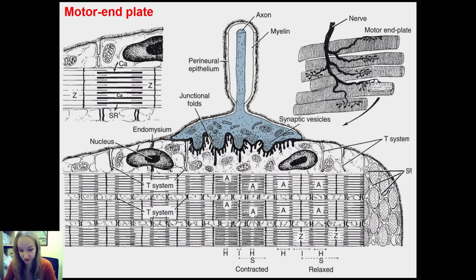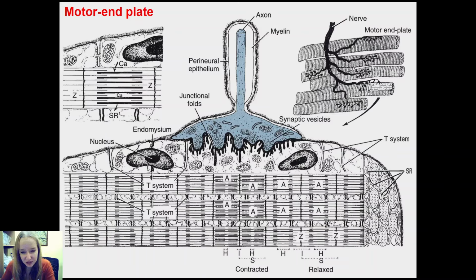Muscle contraction is controlled by nerve activity. When we want to contract our muscles, we need nerves to do so. In the case of skeletal muscle, it's a motor neuron which is controlling the muscle contraction.